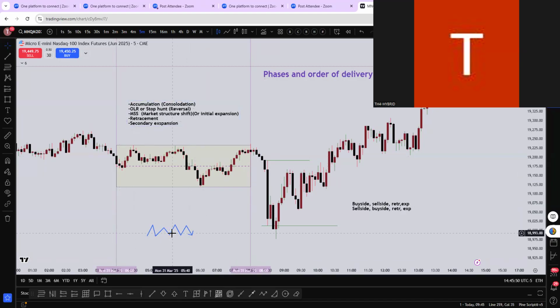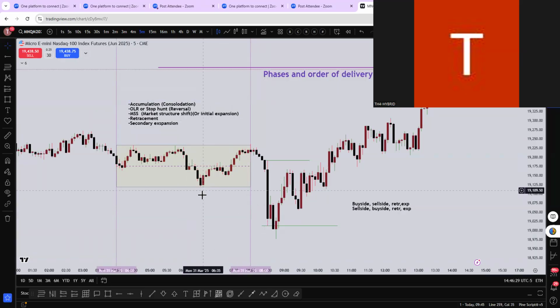So the second phase is going to be the OLR, which stands for opposing liquidity run, or stop hunt is pretty common. And this can be the catalyst to a reversal. So opposing liquidity run, what does that mean? Well, if we're bullish in the market, like today, and we have a key level up here, in order for the market to go up, it needs to come out of an accumulation and pair orders to the downside.